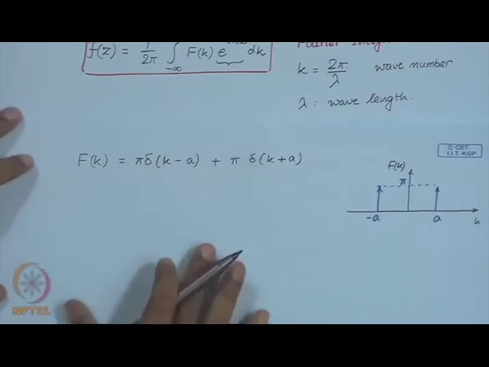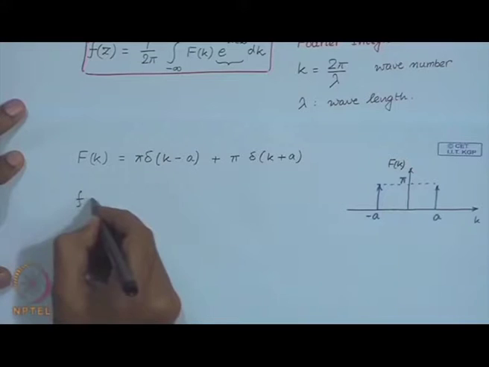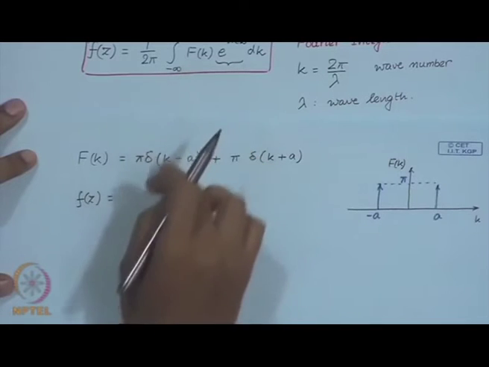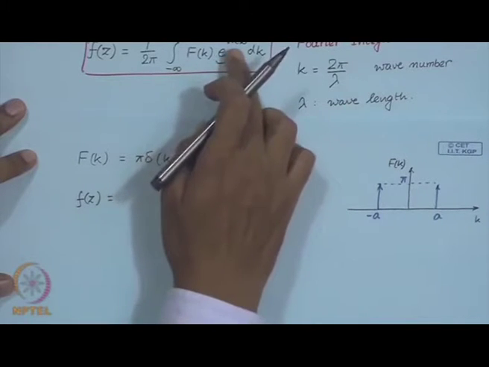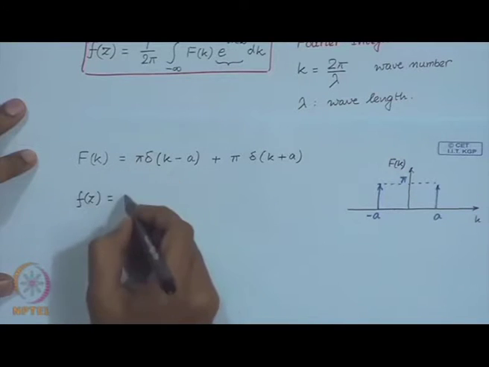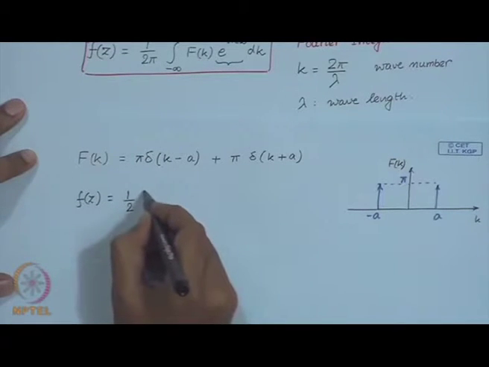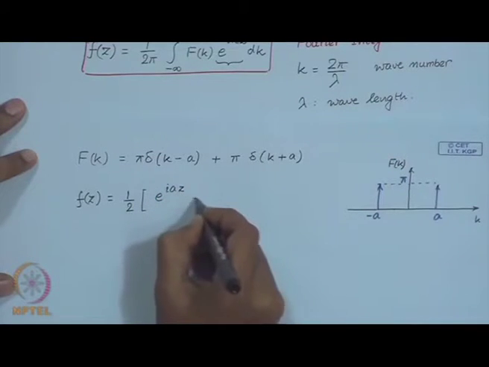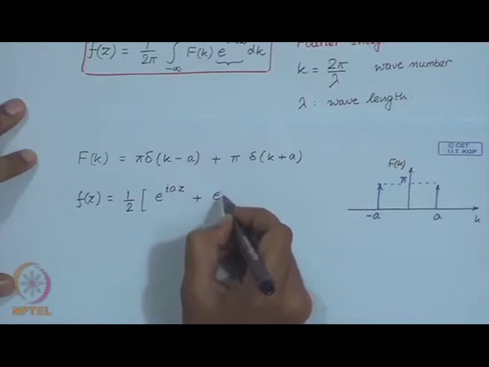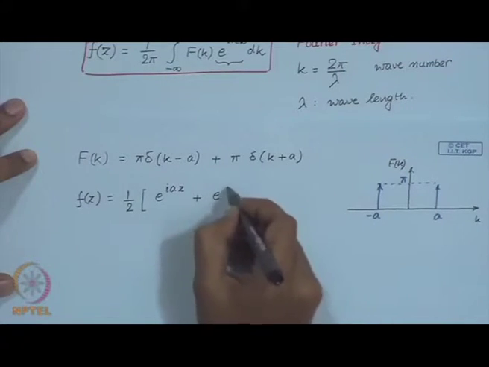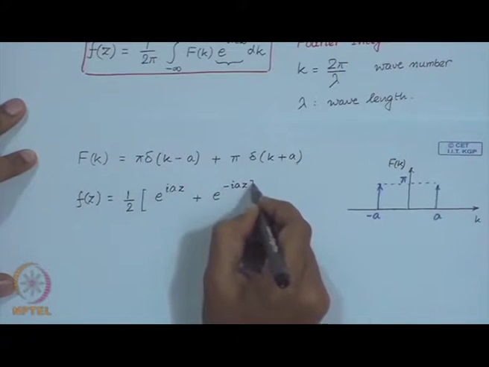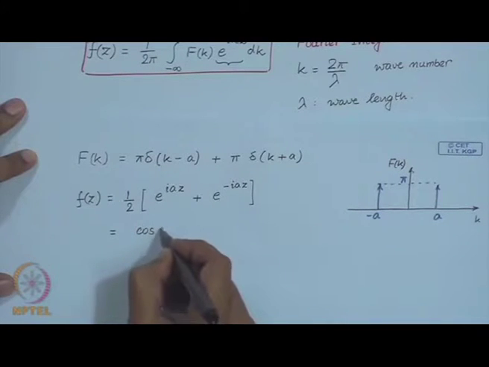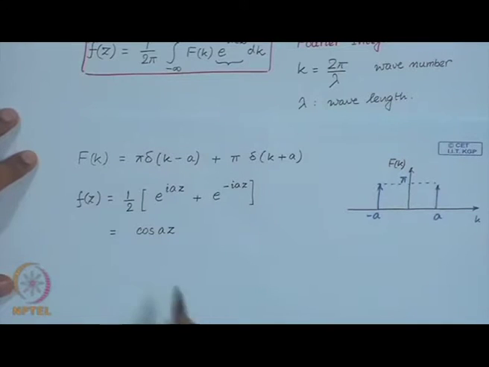So, if you substitute in here, now when you have the Dirac delta at A, k gets replaced by A, and in the other term it gets replaced by minus A, and this is nothing but cosine Az.